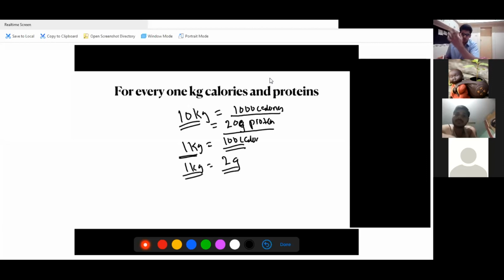So if you want to practice fast, when this child comes to your clinic at 10 kilo, multiply 10 by 100. That means he's having 1000 calories daily, and multiply 2 by 10. That means he's having 20 gram protein daily. So this 1000 calories and 20 gram protein is the daily intake of this child, which is not sufficient.